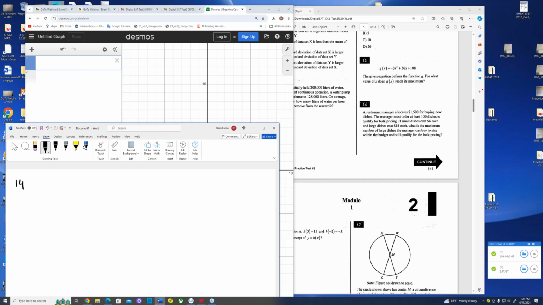We have new dishes, 150 dishes, small dishes and large dishes. Let's do this, exactly like I did a while ago. Small dishes and large dishes.